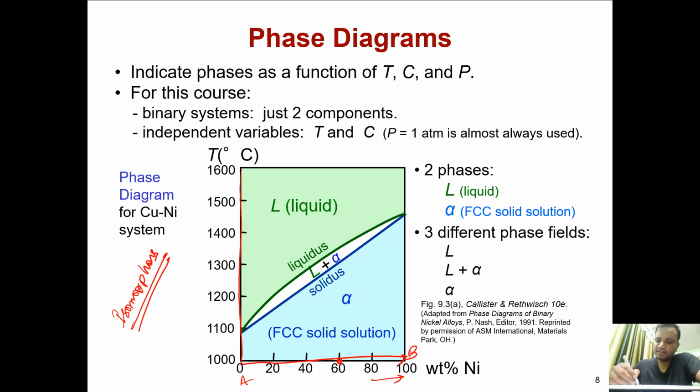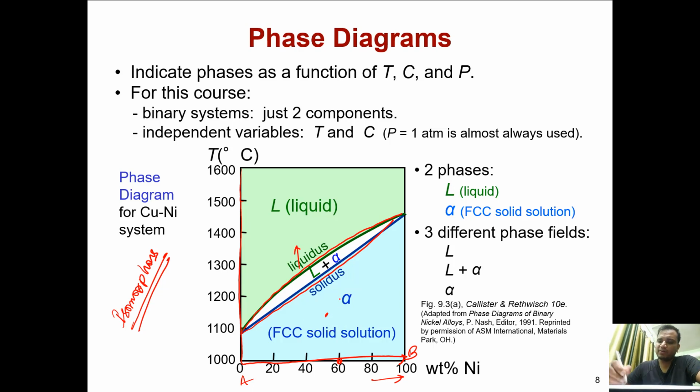And see here, these two lines are there, and above this line the whole thing is liquid, means at this temperature and whatever the composition may be, in this complete region it is liquid. Okay, now if we decrease the temperature and reach up to this location, then we will see that this is the region where we are getting the solid.